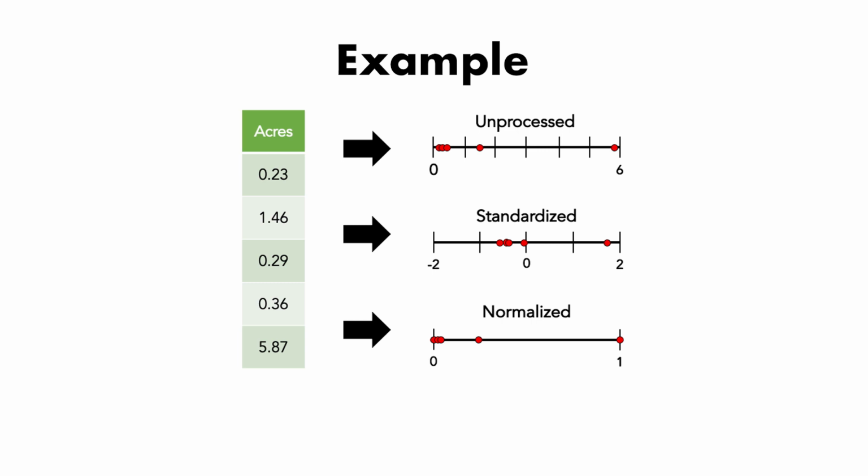We have 5 data points and we're going to transform them into a normalized scale from 0 to 1. As you can see, the distribution of the data points stays the same, you just change the scale. But when you standardize, because you want a standard deviation of 1 and a mean of 0, the distribution changes.